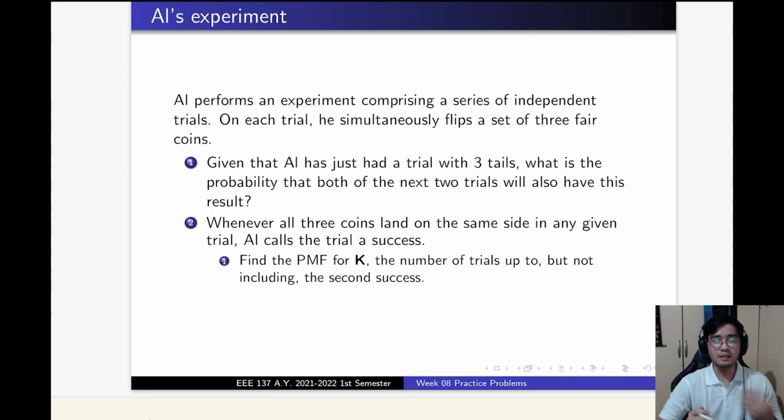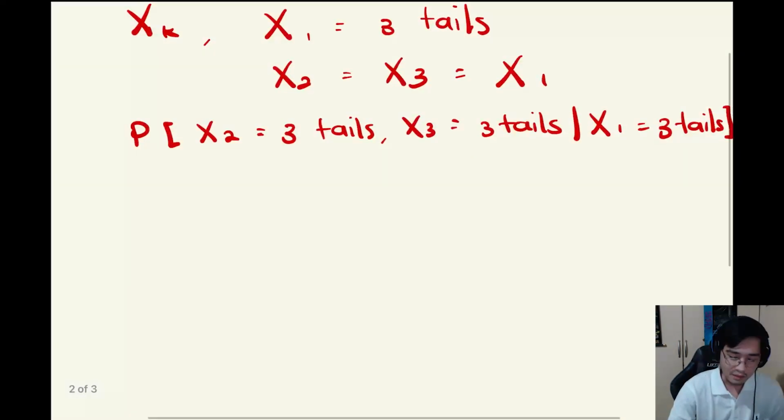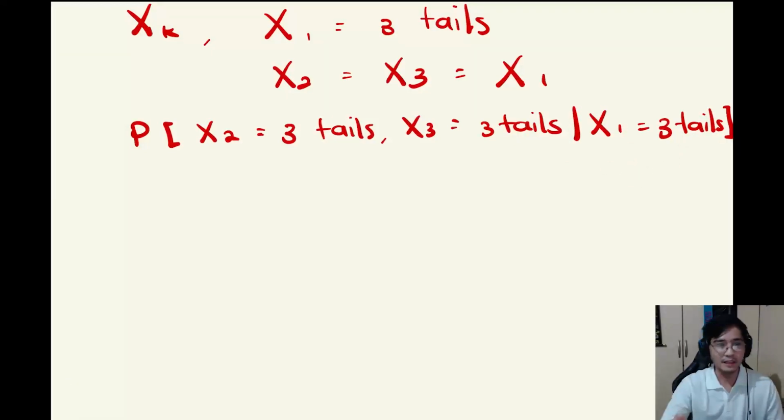One of the most important properties of Bernoulli processes is that we have independent arrival times or inter-arrival times. What does that mean? That means that whatever has happened in the past does not affect your present outcome. Whatever will happen in x2 is not affected by what happened in x1.